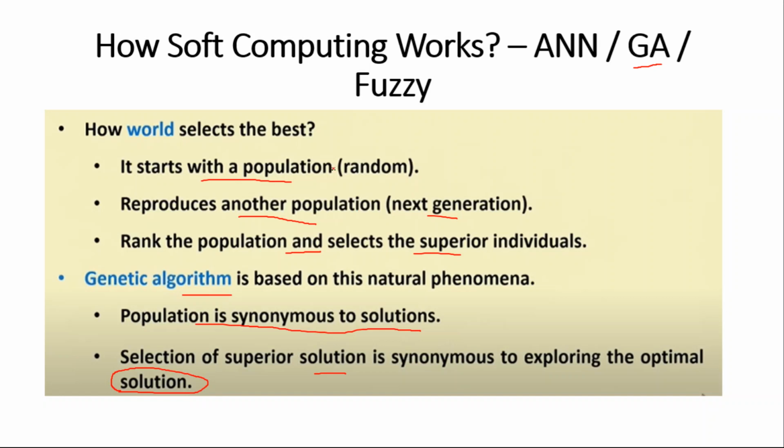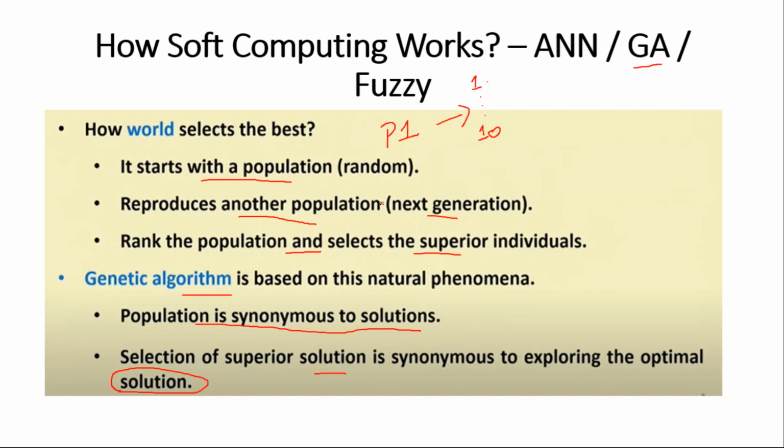Initially, say there is a problem P1. For this problem, you have identified some 10 solutions using any one of the soft computing techniques. But you want to identify a solution which is better than these 10 solutions.